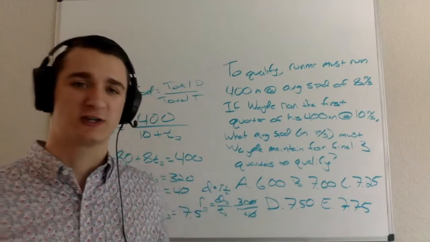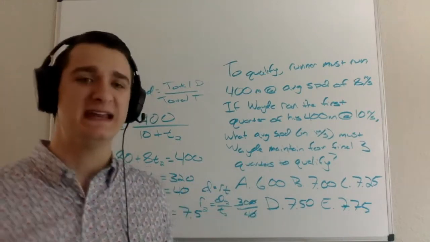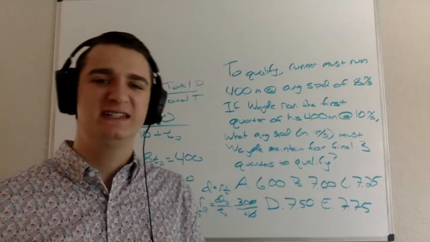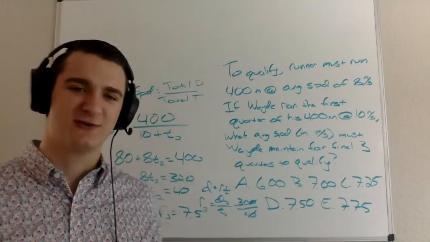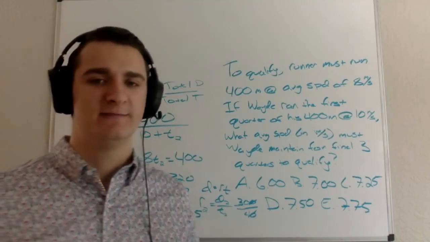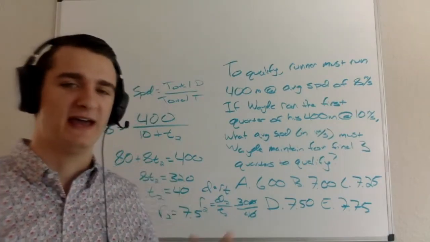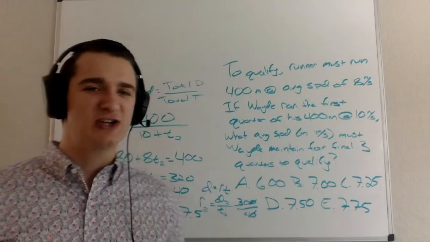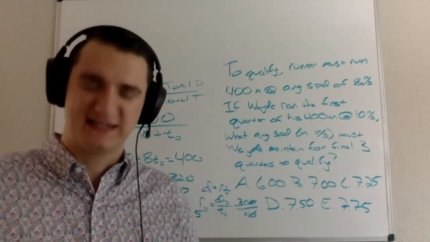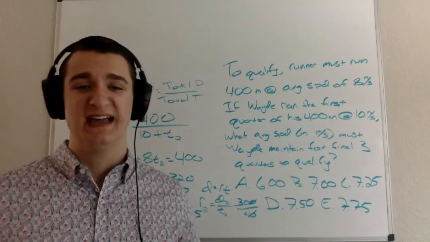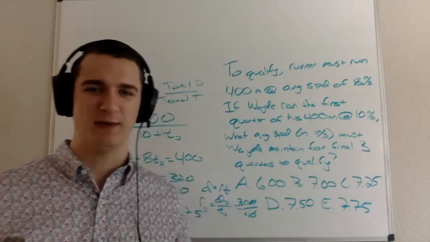That's not the way it works, because average speed is about the total distance over total time. If you did one half at 10 meters per second and one half at 6 meters per second, you actually end up spending more time running at 6 meters per second because you're running slower. And so that's weighted a little bit more when you do average speed.